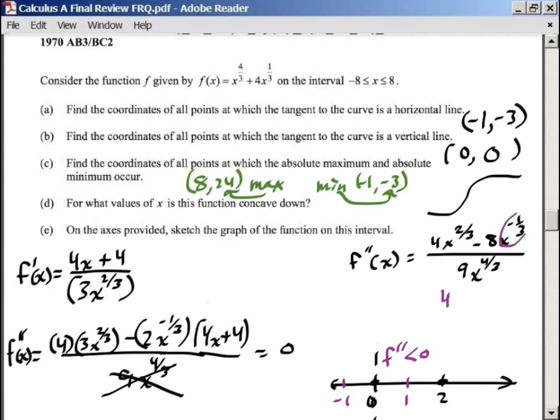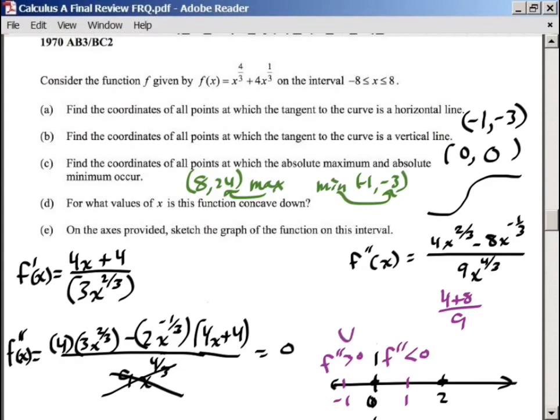This one right here would be the third root of negative 1, which would be negative 1. So negative 1 times negative 8 would be positive 8. And then down here we have another even power, so negative 1 raised to an even power would be positive, so we have a positive 9. That's going to be positive, so we have f double prime greater than 0, which means we're concaving up here.